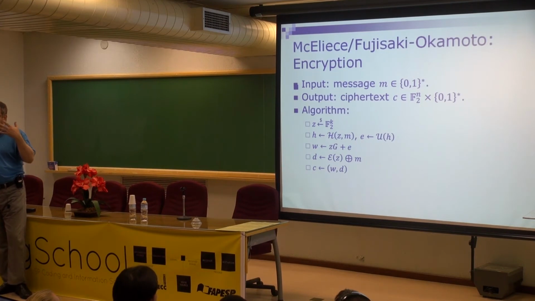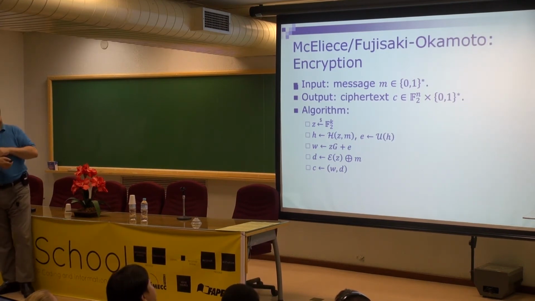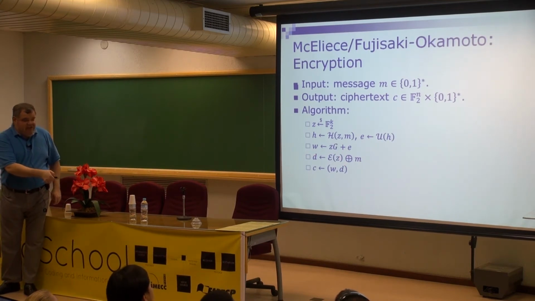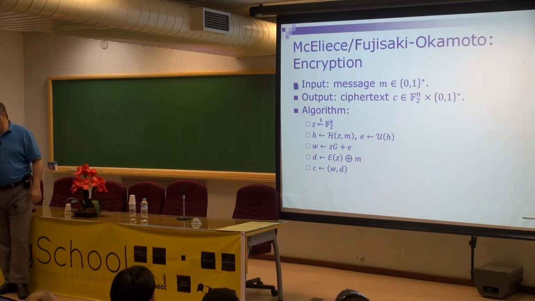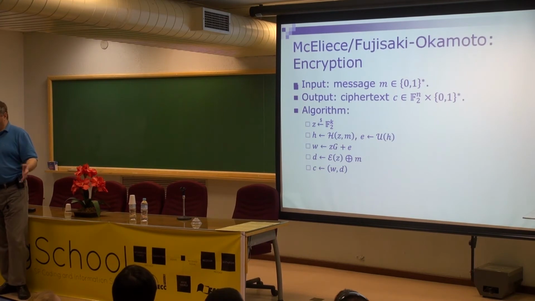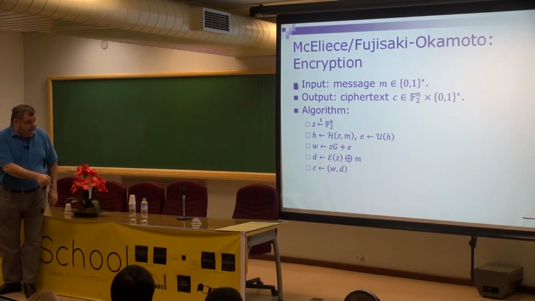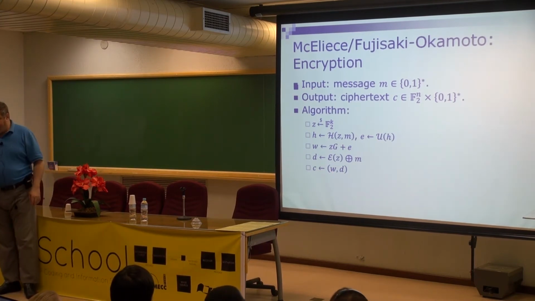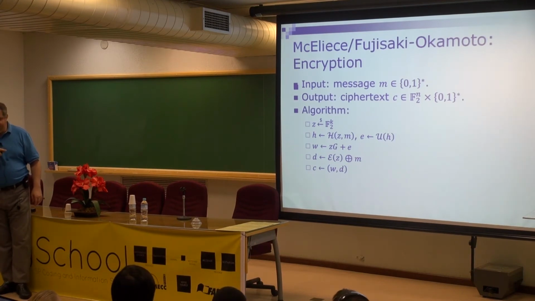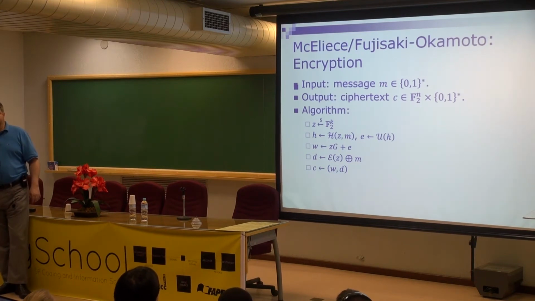It will emulate a one-time pad, and we mask the message bit by bit using that. So D will also be indistinguishable from a sequence of random bits. This is the complete cryptogram. I'm not proving that this is secure. There's a proof in the Fujisaki-Okamoto original paper. It was published in 1998 or 99.